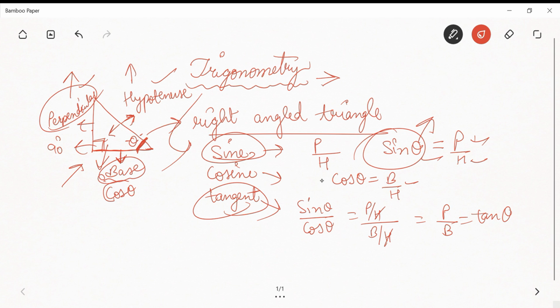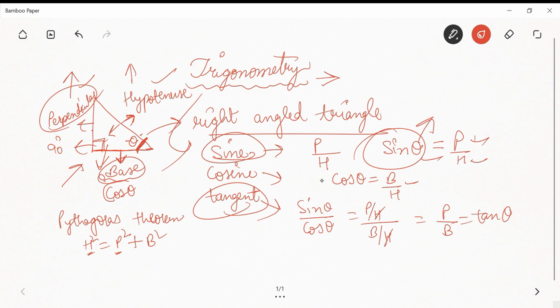So we will apply the Pythagoras theorem, that is, hypotenuse square is equal to perpendicular square plus base square. I hope this is clear to you, right? So if any two values are given to you, then you can find out the third one, right?